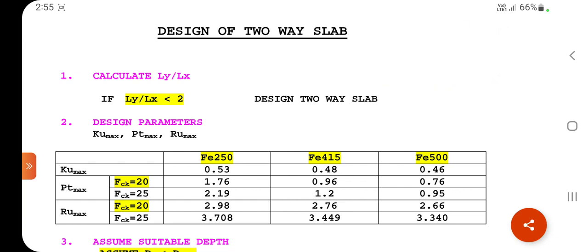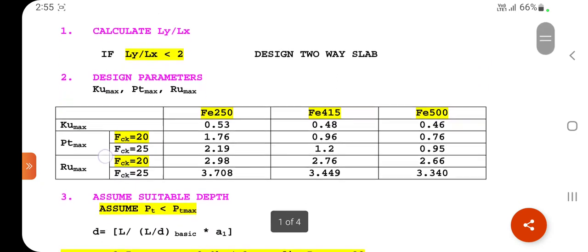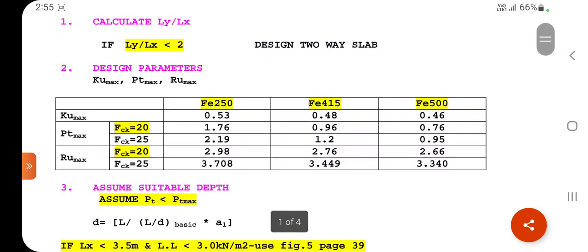Then the second step is to calculate the design parameters. The design parameters we have to calculate are Ku max, Pt max and Ru max. I have mentioned the table. In this table you will get the values directly.